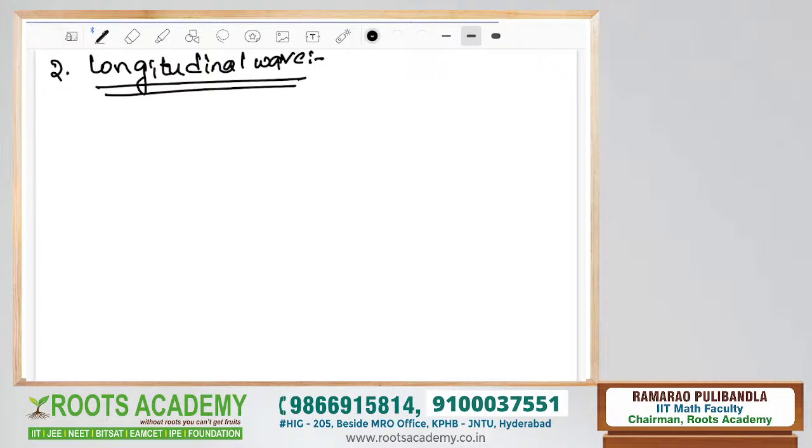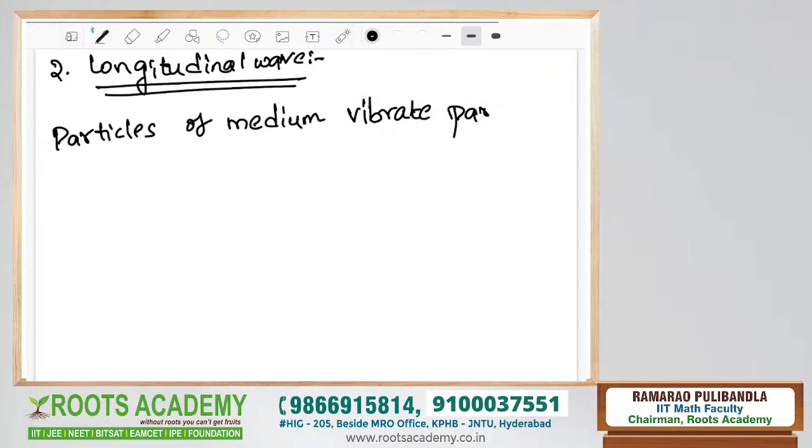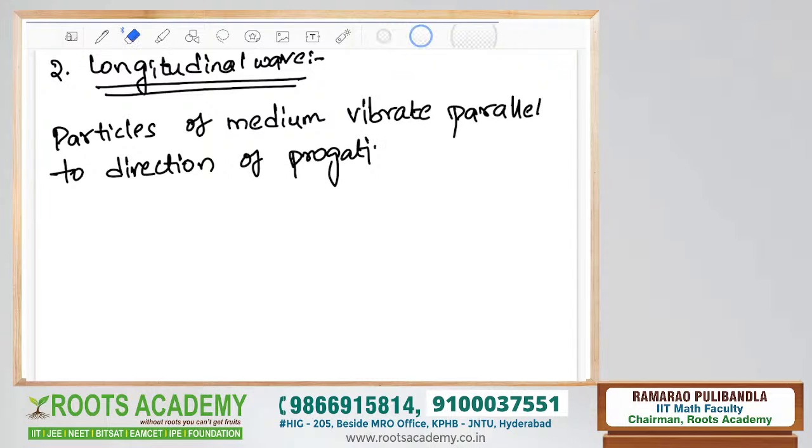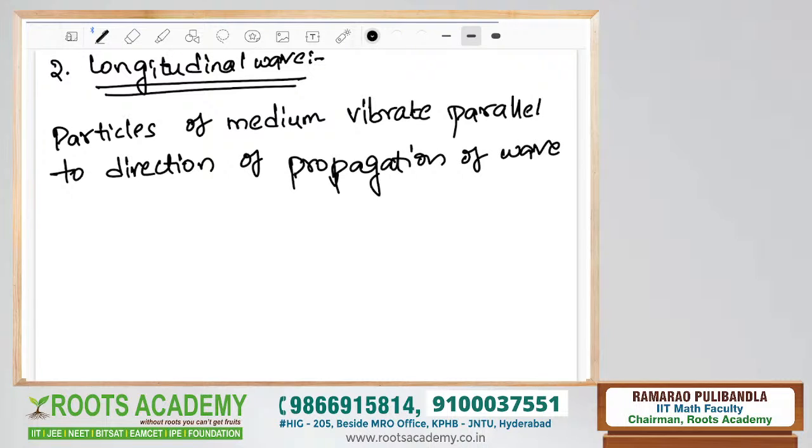A longitudinal wave is nothing but when the particles of the medium vibrate parallel to the direction of propagation of the wave. That is said to be a longitudinal wave.